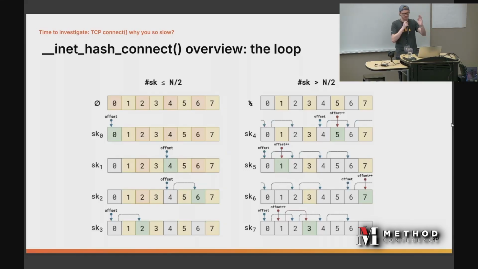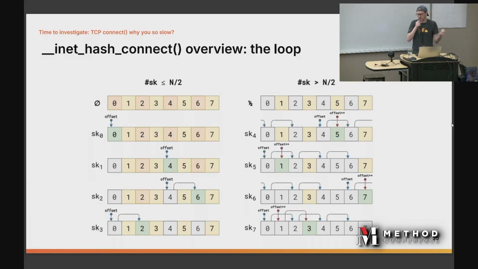Okay, so the way this works is on a system where we're only allowed to open up 8 sockets or 8 connections. We start off with socket 0, and we start off with offset 0.